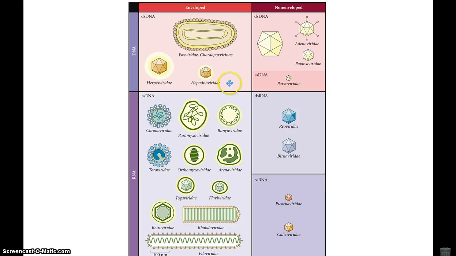So herpes virus, the pox viridae, smallpox, cowpox, and then there's also single-stranded DNA. Now the bottom ones are ones that have RNA as their nucleic acid, and here we can see the retroviruses, the orthomyxoviridae, and some others, coronaviridae, which is SARS you may have heard of, and the common cold.